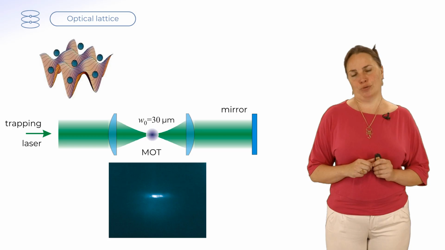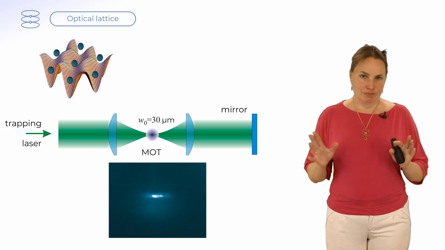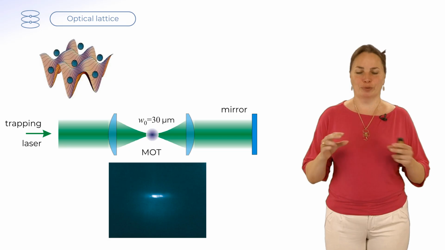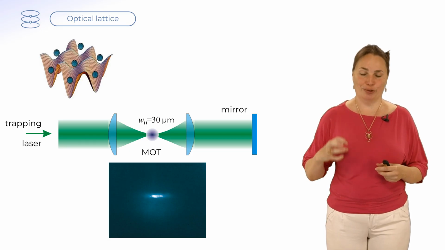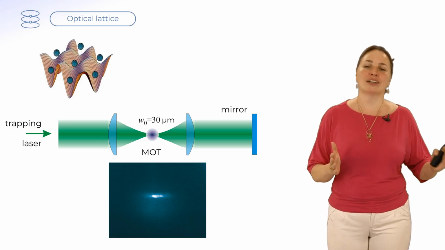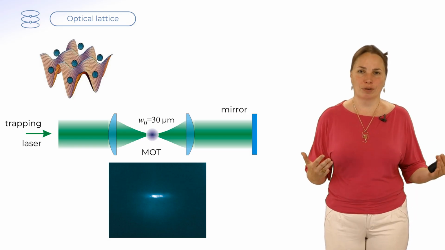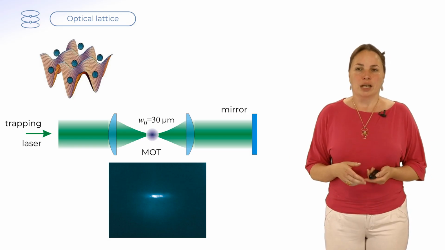Why? Again, it's a little bit too complicated a question, but believe me, we can. And thus we have a very nice number of pancakes of atoms, which are located in a very well oriented way.